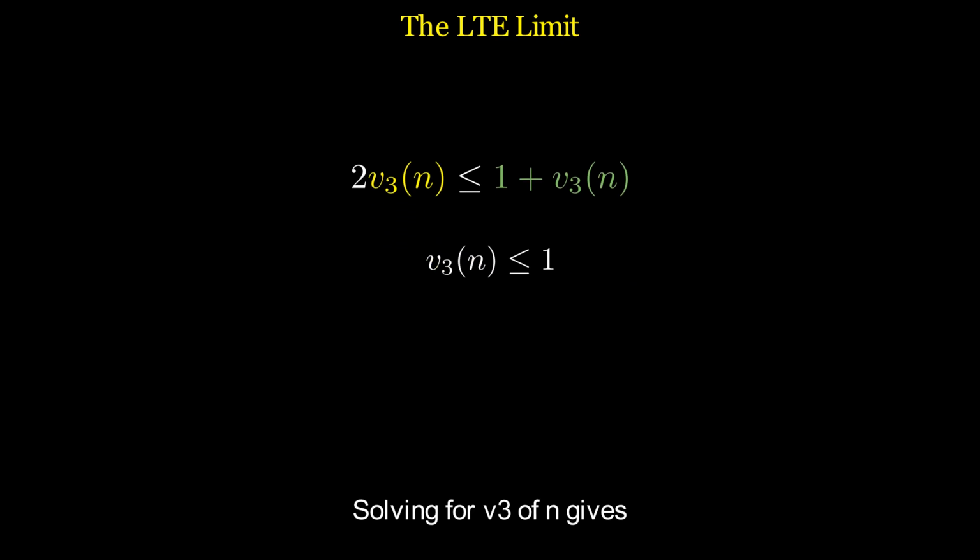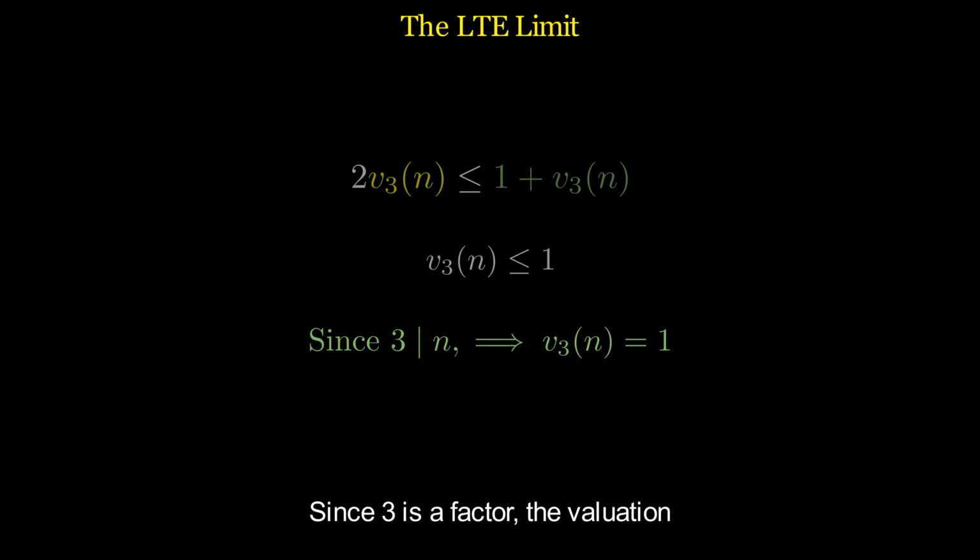Solving for v3 of n gives v3 of n is less than or equal to 1. Since 3 is a factor, the valuation must be at least 1. Therefore, n contains exactly one factor of 3.